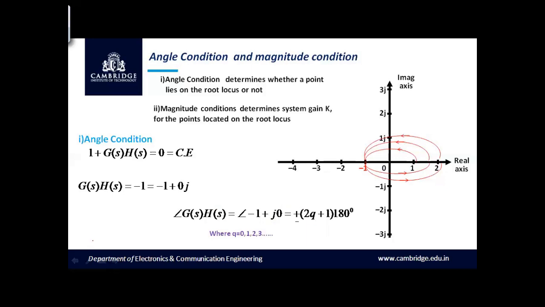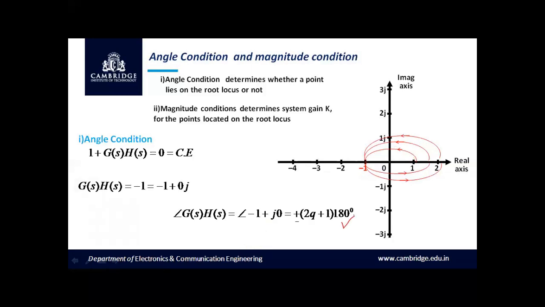If you substitute q equal to 0, we get plus or minus 180 degrees, that is the first case. If you substitute q equal to 1, we get 2 plus 1, that is 3 times 180 degrees, to reach again the same position, -1. If you substitute q equal to 2, you get 2 into 2, 4 plus 1, that is 5 times 180 degrees, to reach the same point.